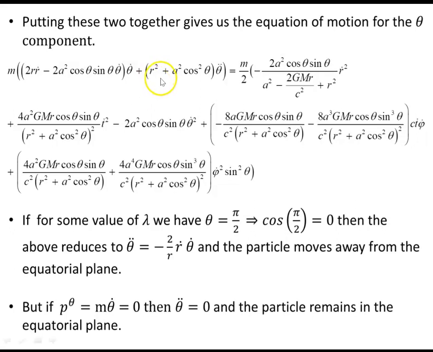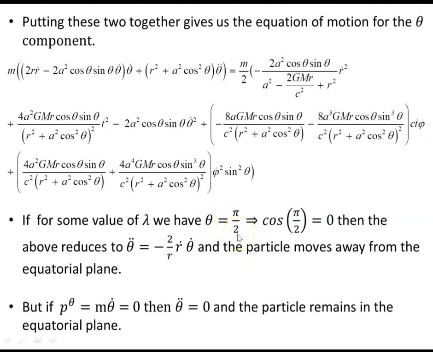But we can perhaps simplify by looking at some value of λ where we have θ equals π/2. Well, that implies that cos π/2 is 0. So we're in the equatorial plane now by setting θ equal to π/2.